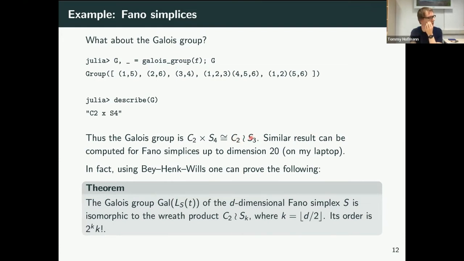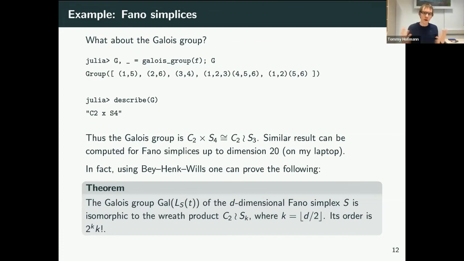And in fact, what one can show, details will appear somewhere else, but what we can show is that using these results by Hanke and Wills, that the Galois group of this d-dimensional Fano simplex, or let's say its Ehrhart polynomial, is in fact always such a wreath product, C2 wreath product S_k, where k is d/2 or (d+1)/2.